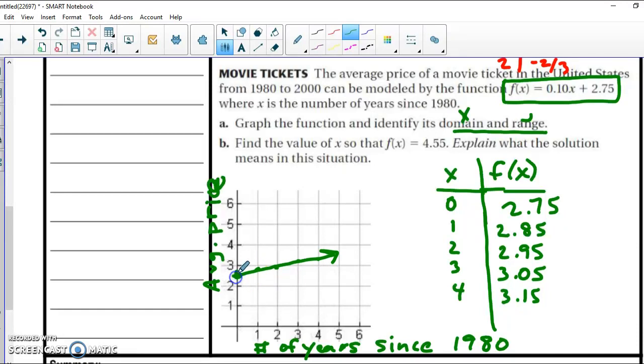Now here, I'm not going to put an arrow on this end. And the reason why is because we said it doesn't make any sense to look at years before 1980. And since my x-axis is telling me years since 1980, this is truly going to continue until I get all the way up to the year 2000. Really, this would be 1981 because it's 1 year since 1980, then 1982, 1983, 1984, 1985.